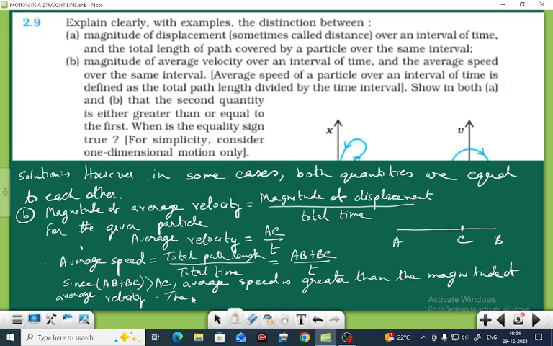The two quantities will be equal if the particle continues to move along a straight line.